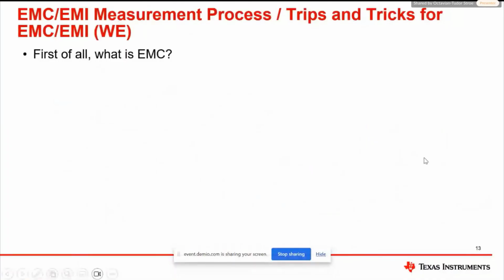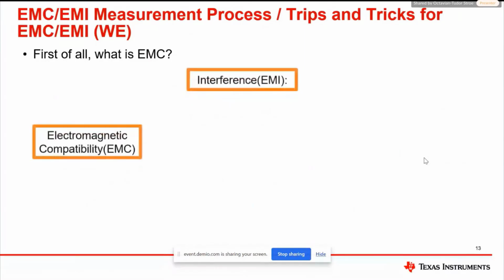Now, let's move forward. We talked about this term EMC, but first of all, what actually is EMC? Sometimes we hear EMC and EMI as interchangeable terms, but this is wrong, because the concept of EMC, or electromagnetic compatibility, basically is the ability of a product or electrical equipment or system to function acceptably in its electromagnetic environment by either having limited interference on the other devices and also being able to function properly when exposed to electromagnetic interference.